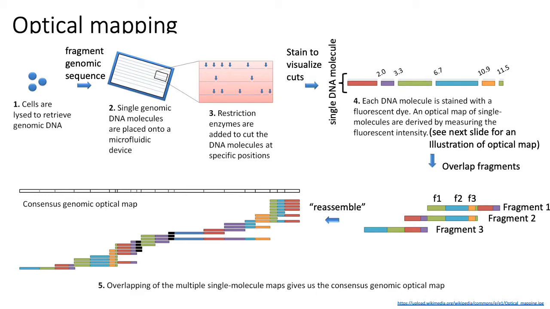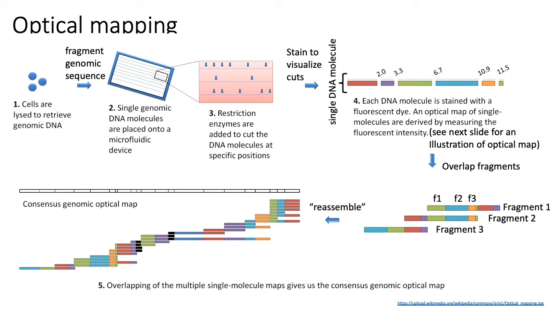And so fragment 1 and 2 will have these F1, F2, F3 regions of the same size present in both fragments. Based on this principle, you can overlap your different fragments so that you can figure out that fragment 1 and 2 share three subfragments of the same length. These three subfragments are at the end of fragment 2 and the beginning of fragment 1, so fragment 2 is likely to precede fragment 1 on the genome.